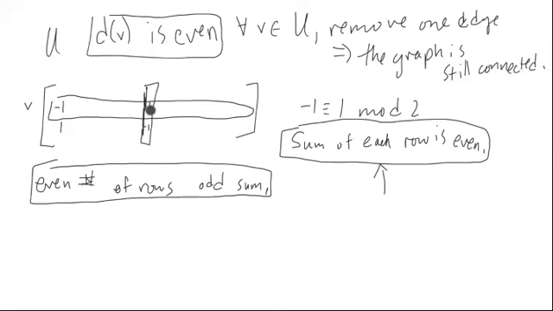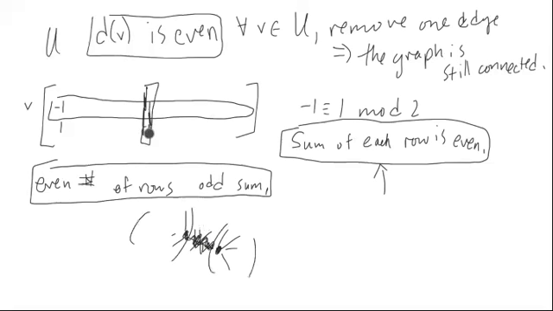That means it would make another component. So if you remove this edge in here, this is still connected to everything it was connected to, and this is still connected to everything it was connected to, but these are just not connected to each other. The worst case is we just have two components here.